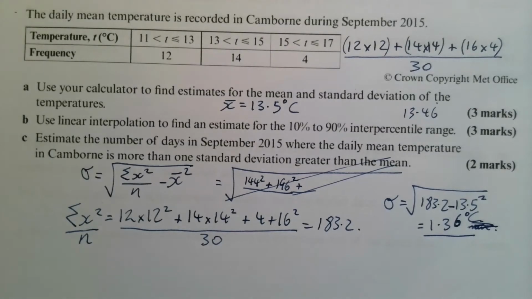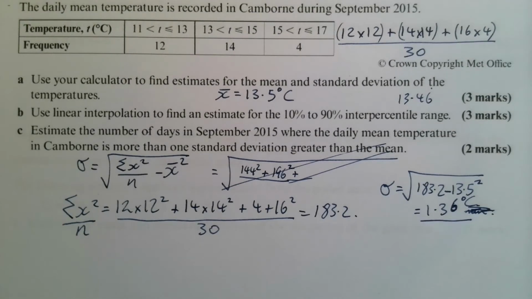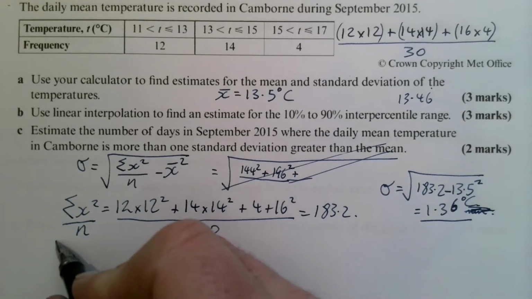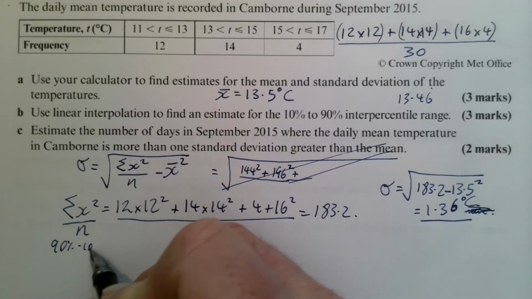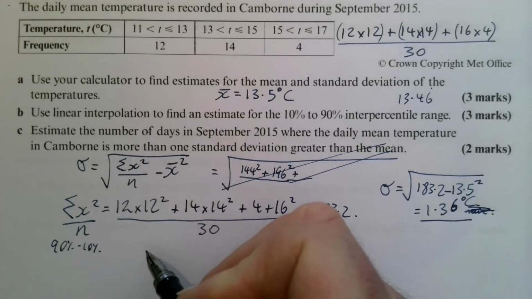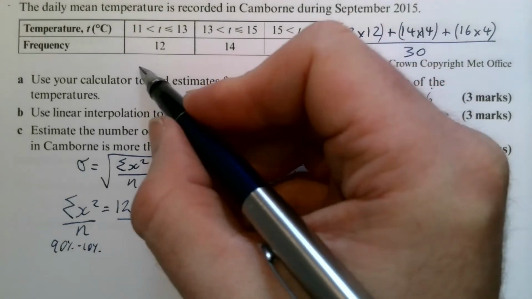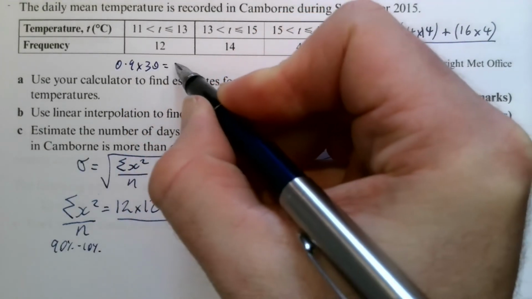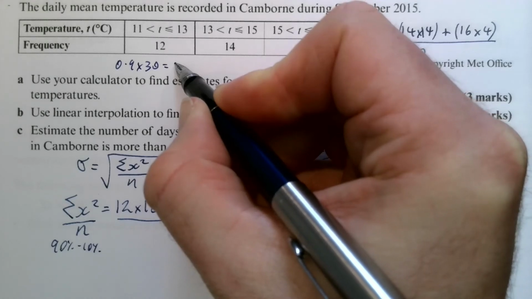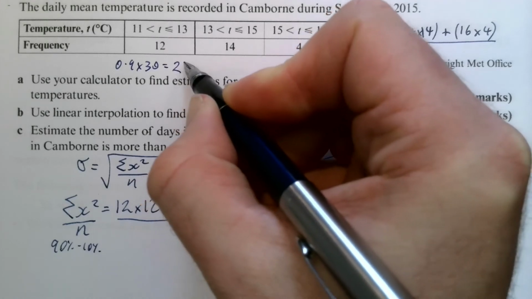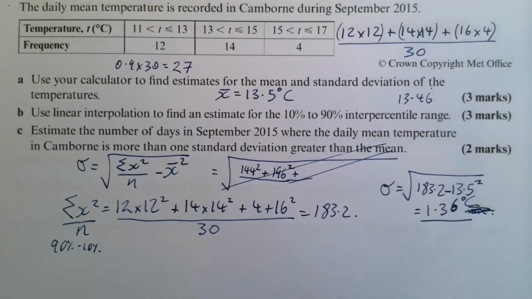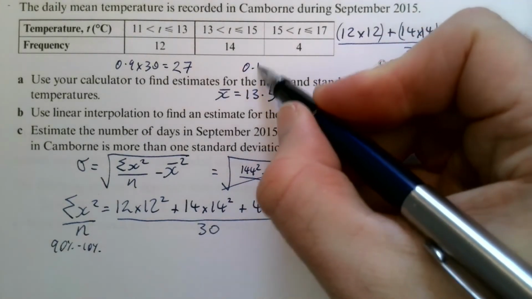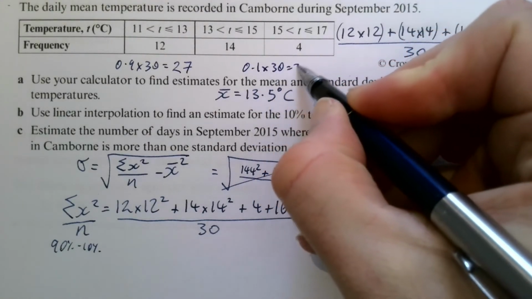Right, moving on to question B. The 10th percentile to the 90th percentile. So we want to take away the 90th percentile, take the 10%. So we're looking at 0.9 times 30 being 27, and 0.1 times 30 being 3.